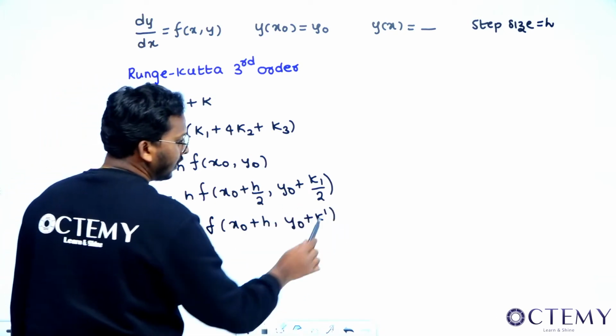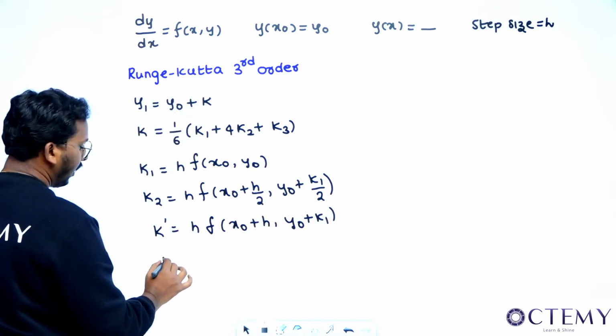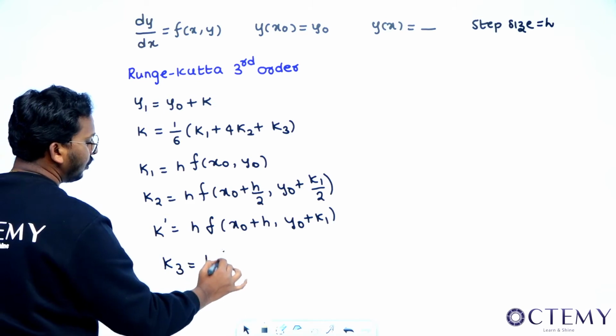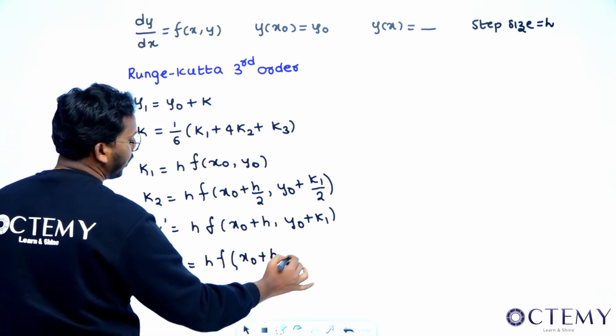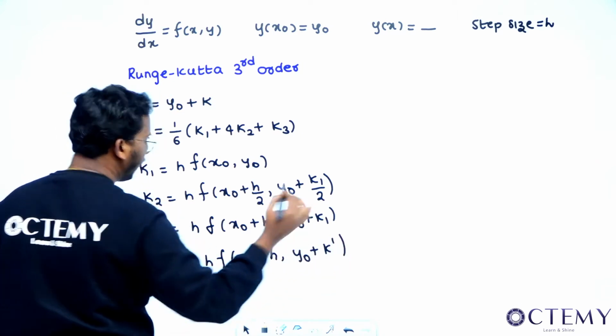That is not k dash, that is k1. And your k3 will be equal to h into f(x0 plus h, y0 plus k dash), right?